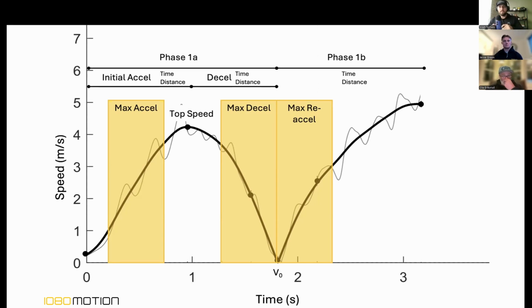Fantastic. So I have three things, one summary comment and two questions that I'll kick to Jesse and Ola. But first is just this live, learn, evolve idea and how you can modify all the different variables, right? From starting position to distance to number of turns to the locomotion pattern, to be as sport specific as you want or need.